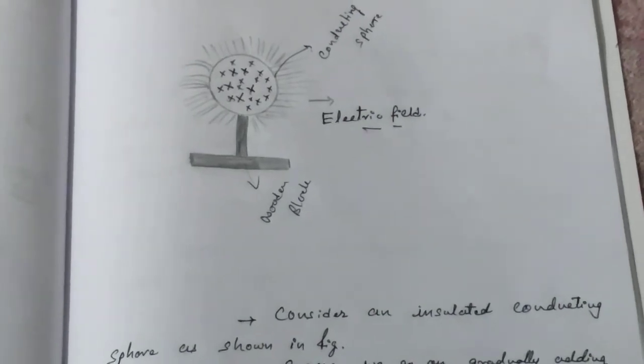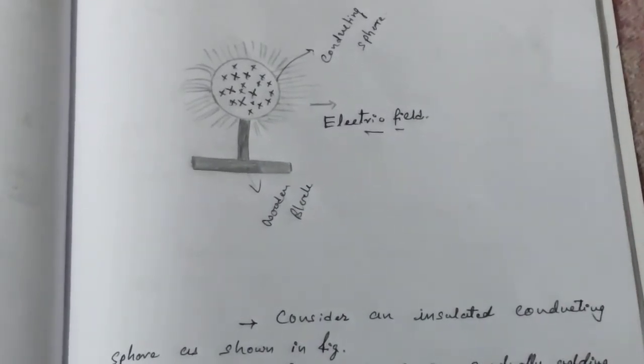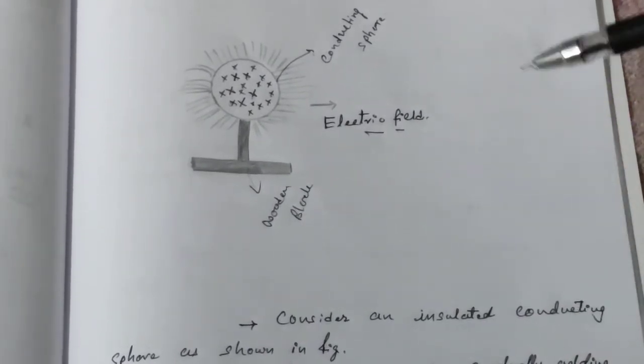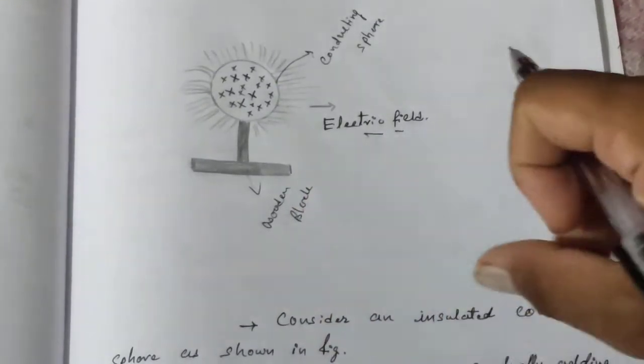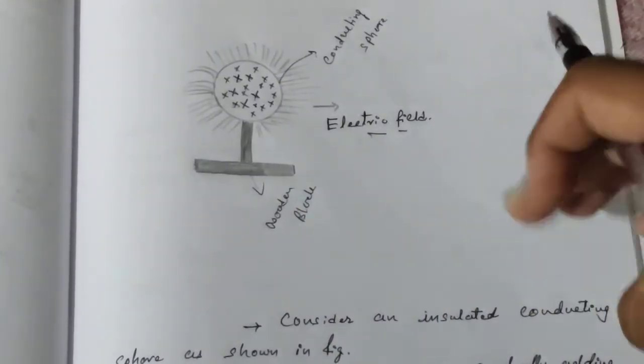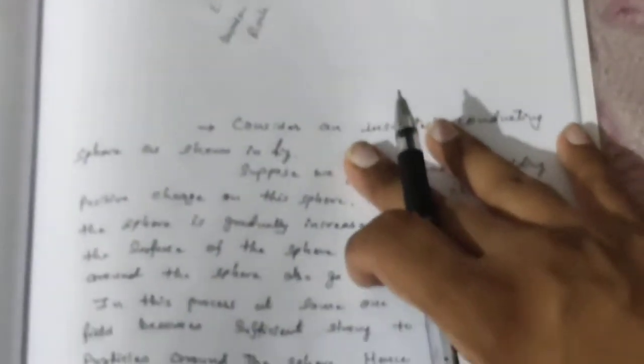While charge leaks, there is space to deposit more charges, and hence you can deposit more charges. Otherwise it is not possible. So this is known as the ionization process, meaning leaking of charges, that I am writing here.